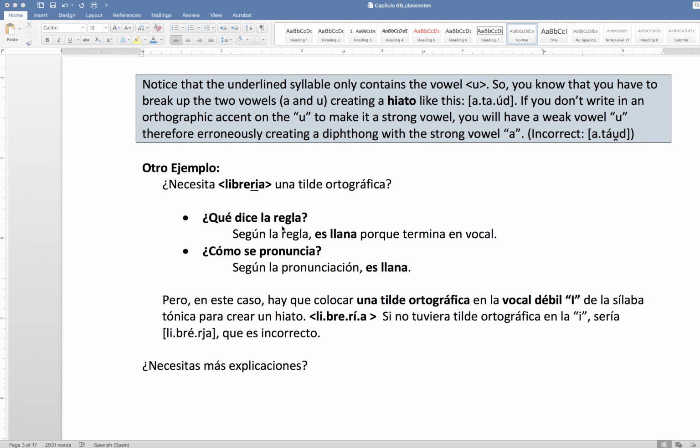You'll also see that it will not meet that accent rule that we saw before, where if a rule matches the pronunciation, it shouldn't need an accent, but this is irregular because you have the weak I there underlined. So the rule matches the pronunciation, but we have the I underlined, clearly separating two vowels. That means you need to put the accent there.